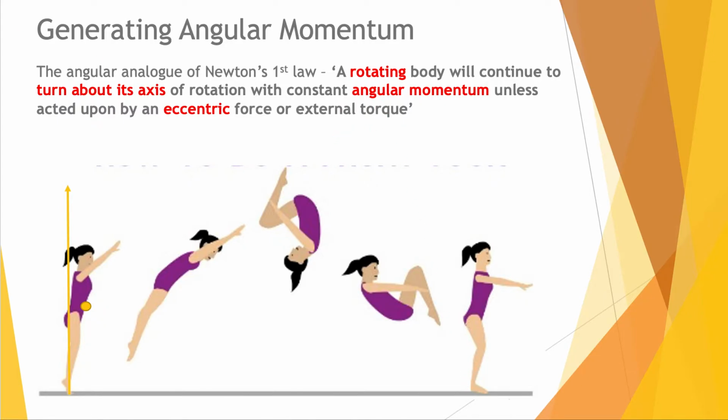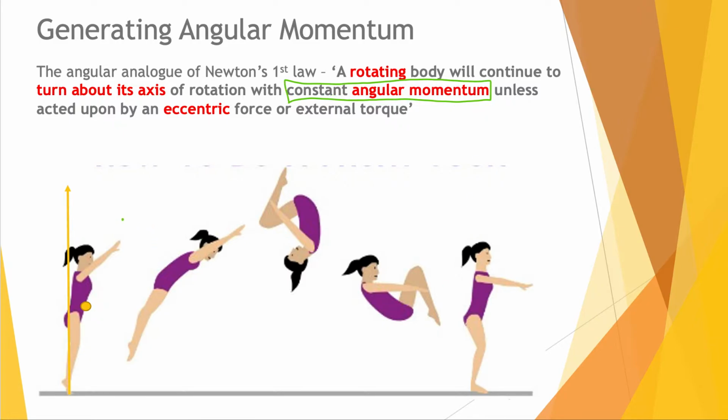So the main thing to take away from this is this idea of the constant angular momentum. According to Newton's angular analogue of the first law, this gymnast will have a constant angular momentum until she hits the floor.